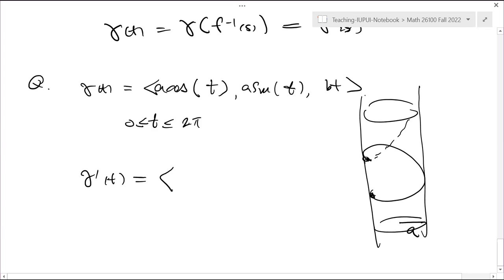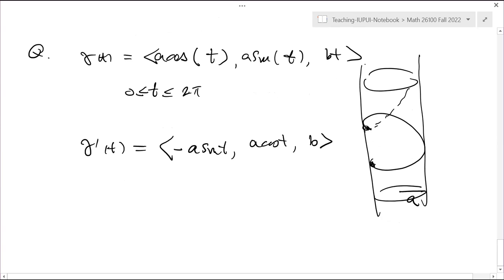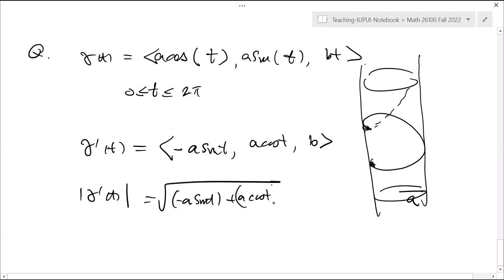So if you differentiate, right, you will get, this is the formula. So think about how we do this. Step one, I have to find the length of this.